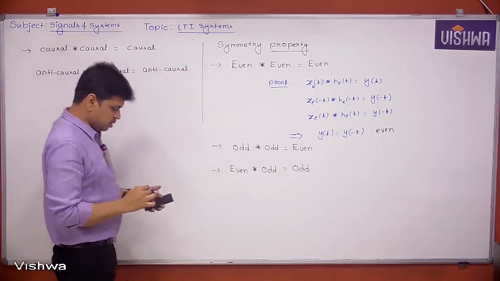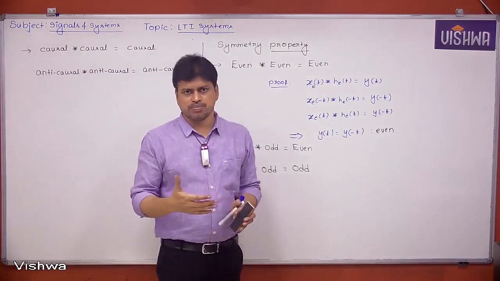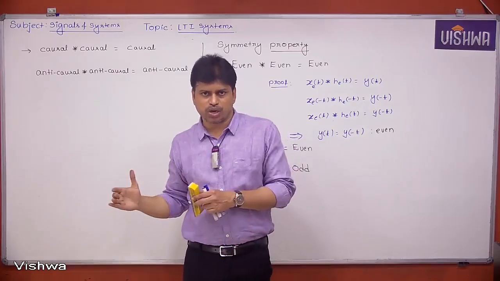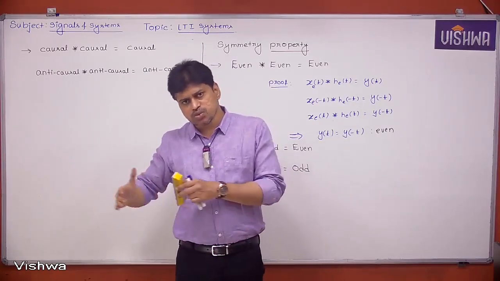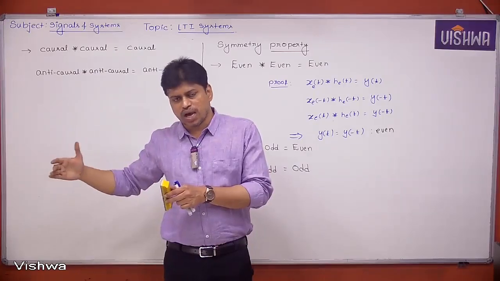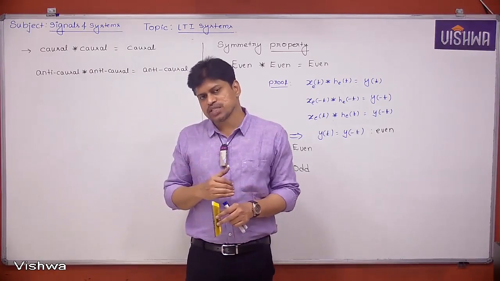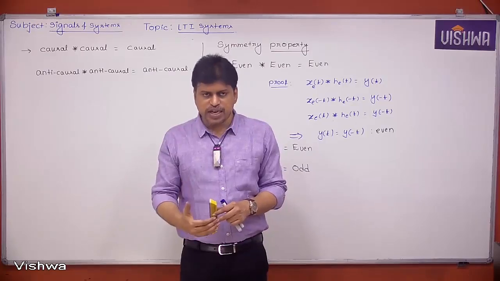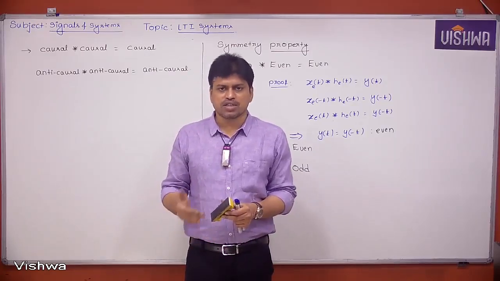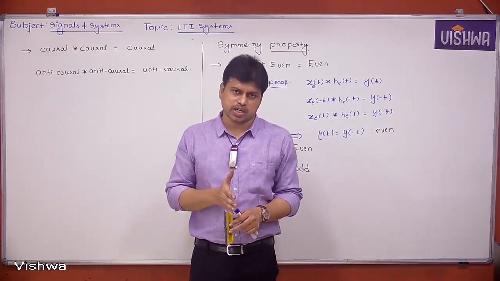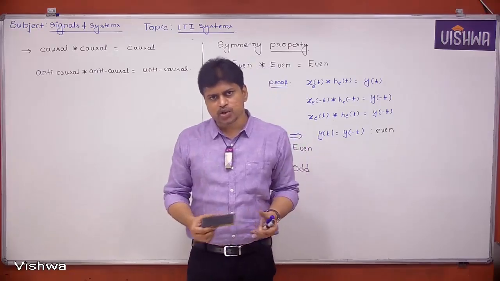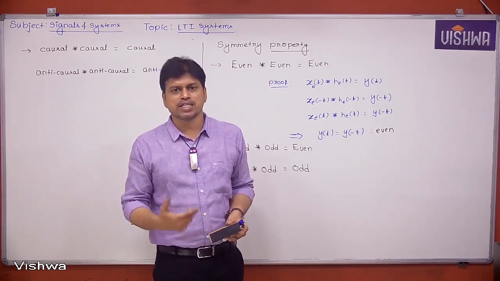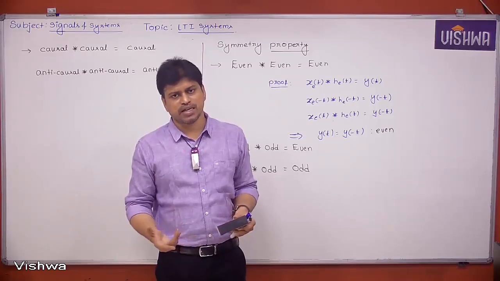If you take an anti-causal signal, the signal exists only for negative values of time, so the upper limit of the signal is always a negative value. For another anti-causal signal, the upper limit is also a negative value. What is the upper limit of the resultant signal? Minus plus minus, which is again a negative value.